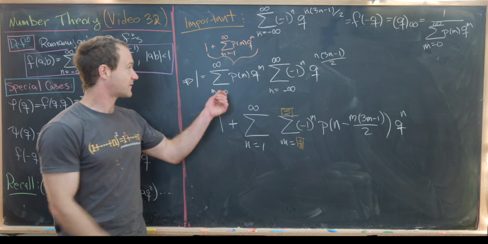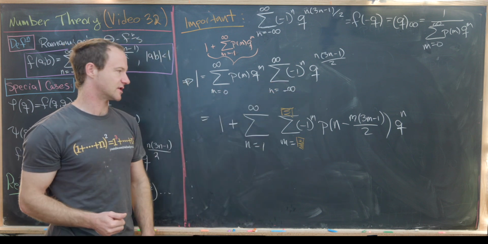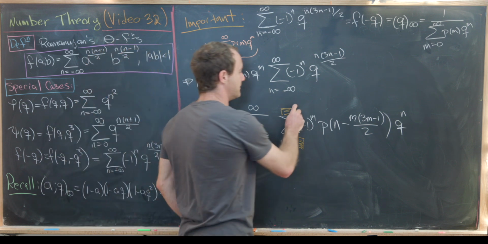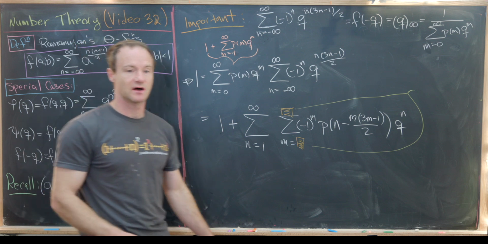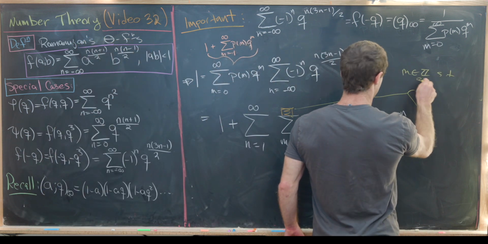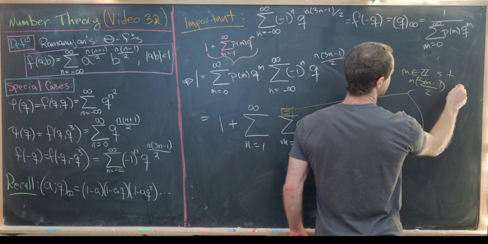So that is, like I said, from multiplying these two series together using the standard rule. Now you might say, what are the bounds of this sum? And the bounds of this sum are all integers m such that 3m minus 1 over 2 times m is between 0 and n.